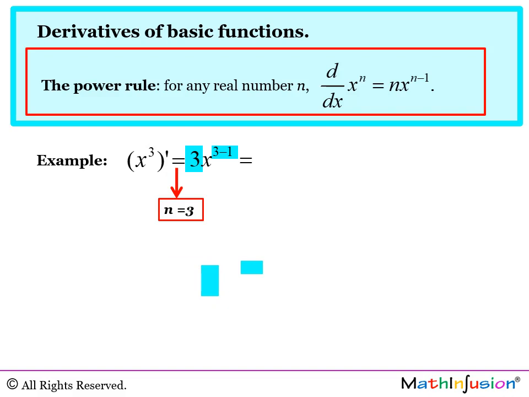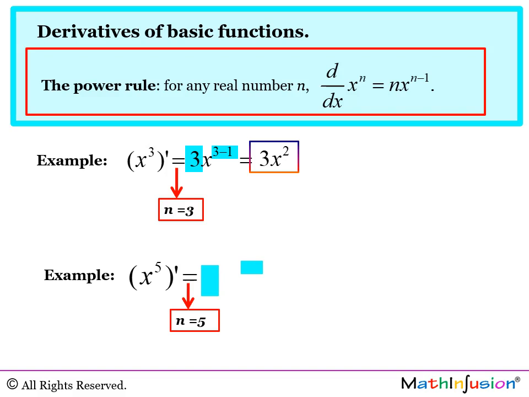It's like a template, and we will get 3 times x to the power of 3 minus 1, and we get 3x to the power of 2. Here n is 5. We put this in the template, so it's 5 times x to the power of 5 minus 1, which is 5 times x to the power of 4.